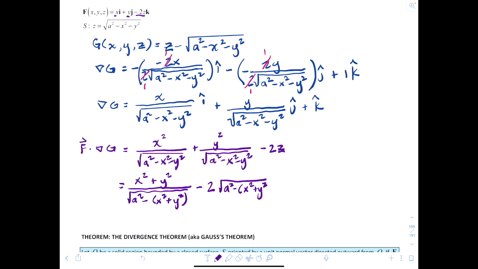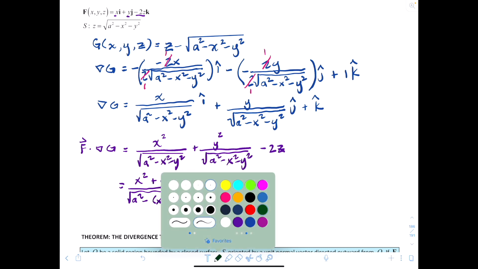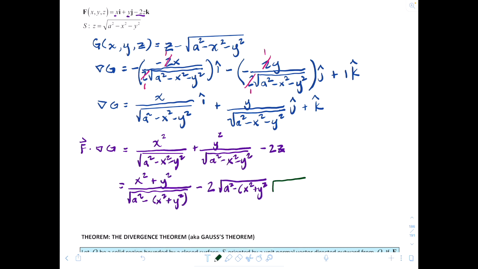So now, if I get a common denominator here, aren't I just going to be multiplying by a squared minus quantity x squared plus y squared over the radical, a squared minus quantity x squared plus y squared? Cool so far?